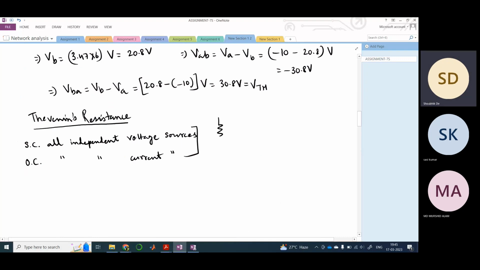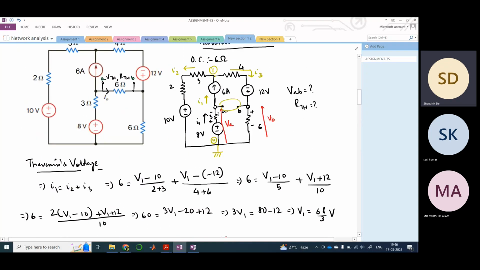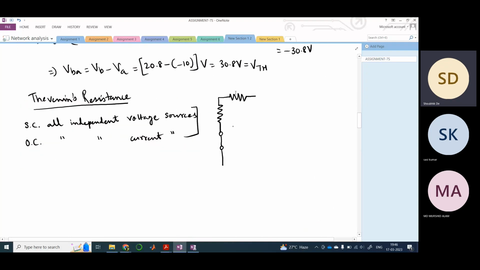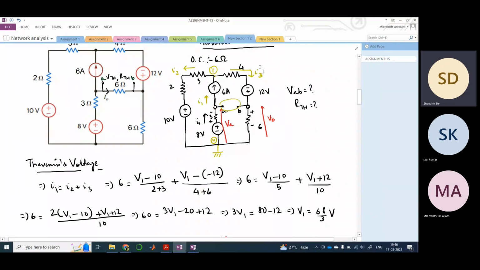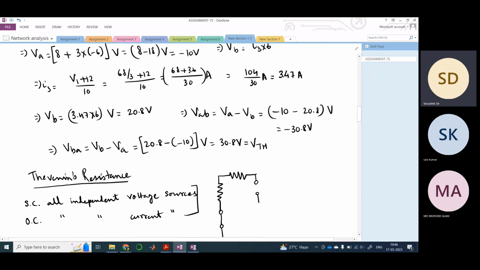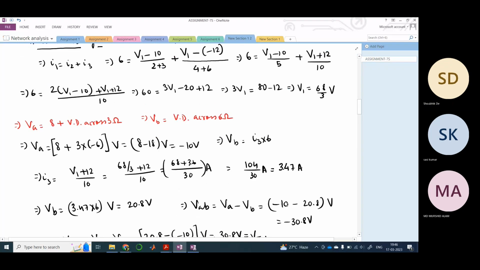So there is a 3 ohm connected here. Then you have a 10-volt source, so you are short circuiting the 10-volt source. Now you also have a 3 ohm resistance here. Now this is a current source, right? So this is a current source which is open circuited. Now you have this 4 ohm resistor and then a voltage source which is short circuited, right?